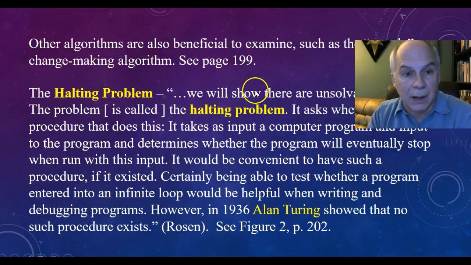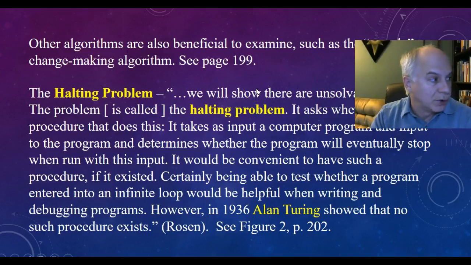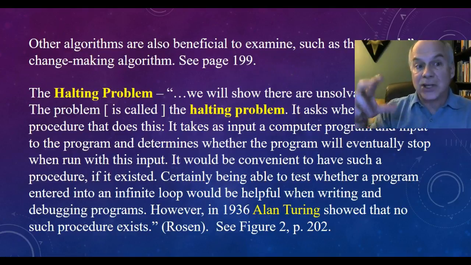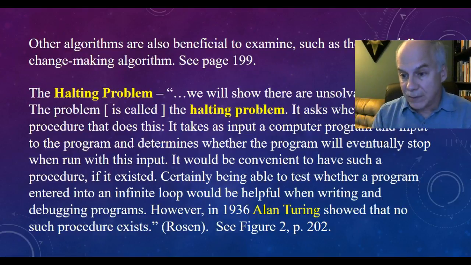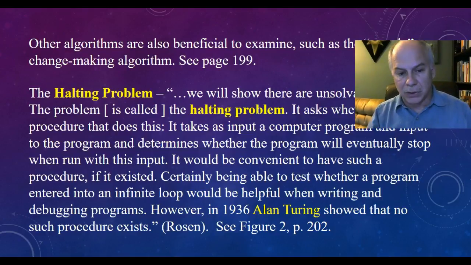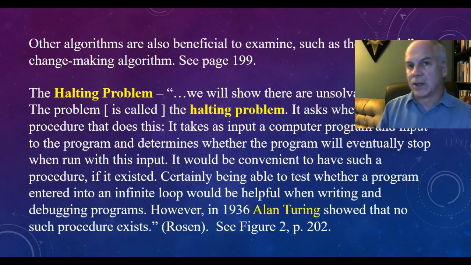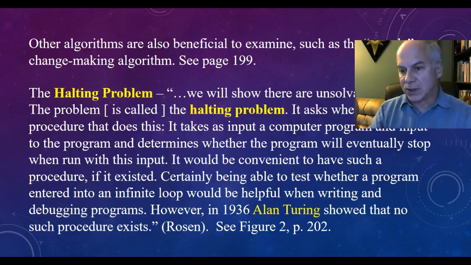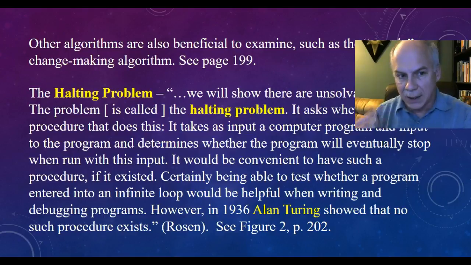Other algorithms are also beneficial to examine. They mentioned the greedy change making algorithm. Suppose you had to make change for $1. Someone spends 37 cents and you have to give them change, so 63 cents is what they get back.